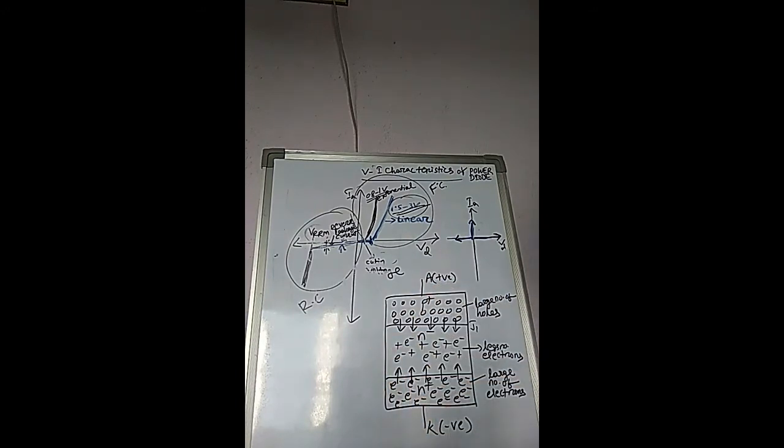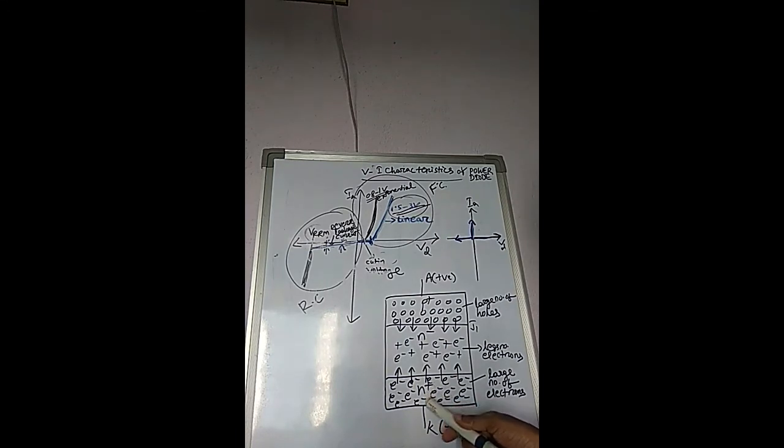I told you about the forward condition, the forward biasing mode. So see, this is P plus layer, this is N minus layer, this is N plus substrate. P plus means highly doped P layer, N minus means lightly doped N layer, N plus means heavily doped N layer.